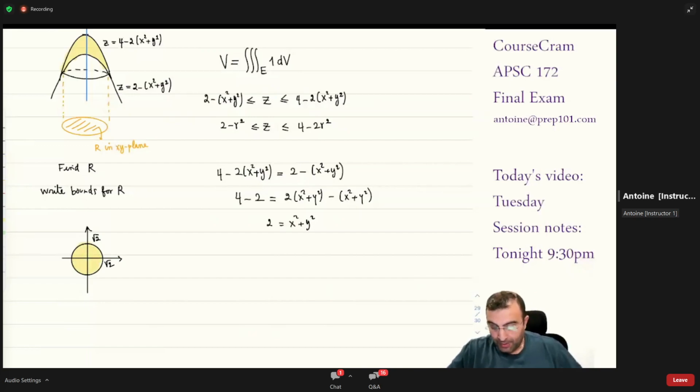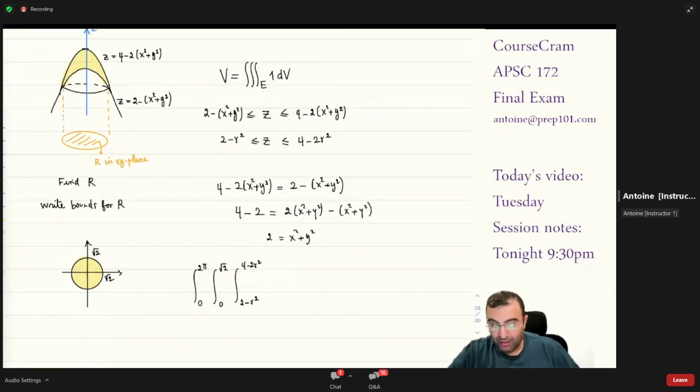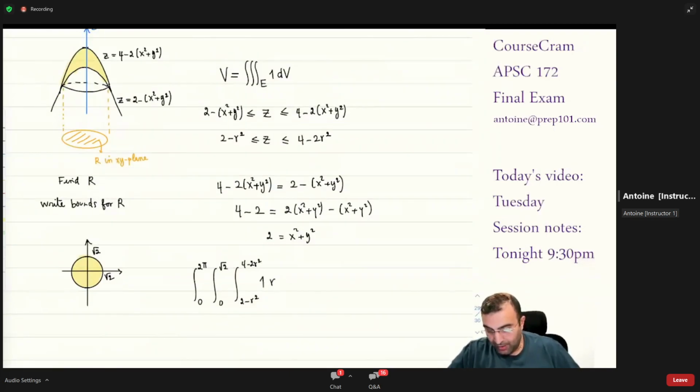Fantastic. So theta goes from 0 to 2 pi. R goes from 0 to root 2. Z goes from 2 minus r squared to 4 minus 2r squared. We are finding the volume, so 1 dV is r dz dr d theta. Let's not forget the r.